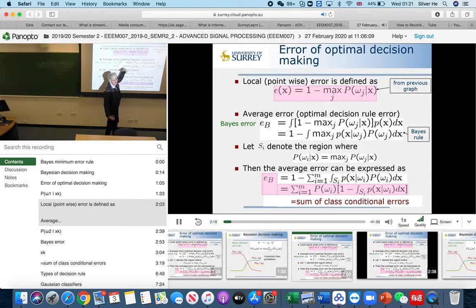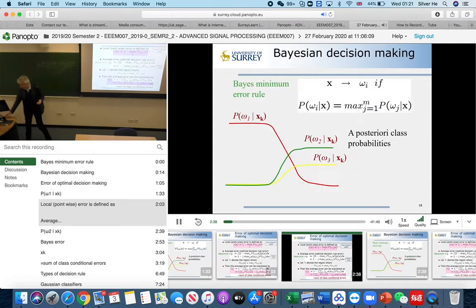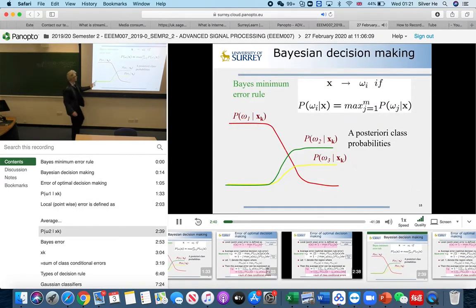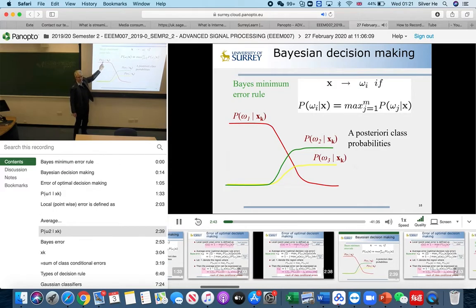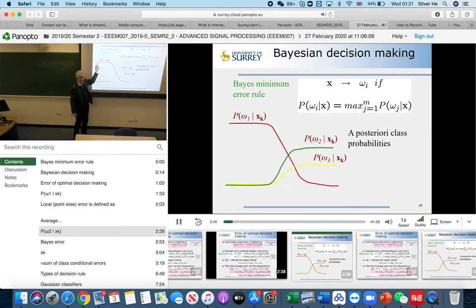In other words, we're summing up all of the classes that could have had an error, or alternatively, we take 1 minus the probability that we made the correct decision. If our correct decision was made with probability 1, going back to the previous slide, if we're right at this end, where the probability of omega 1 given x is close to 1 and the probabilities of all the other classes are close to 0, then 1 minus this is going to be very small.